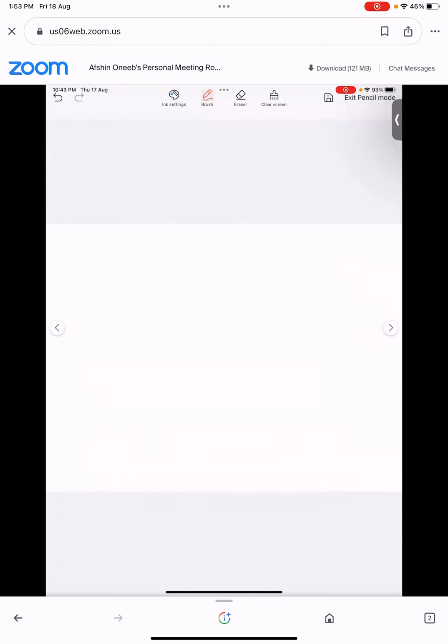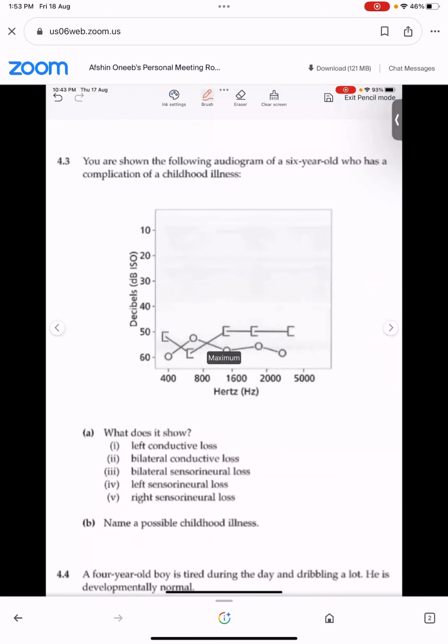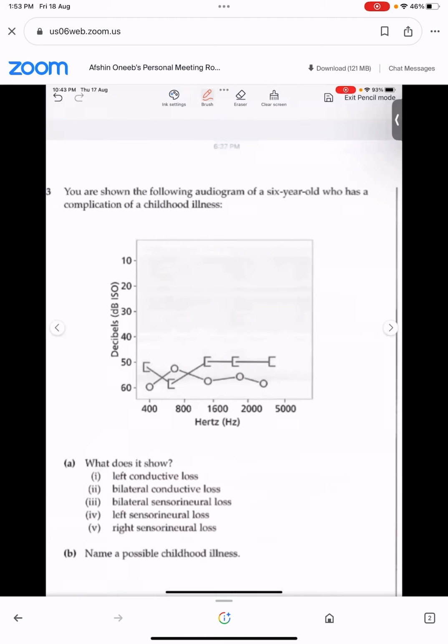All right, so next is this one. We will not jump to the diagnosis, we will just see, okay, is this above 20 or below 20? Is this normal or abnormal? It is below 20, so it is abnormal. Okay, which ear is involved? This one is the right side, and this one is again right bone conduction, and this one is right air conduction.